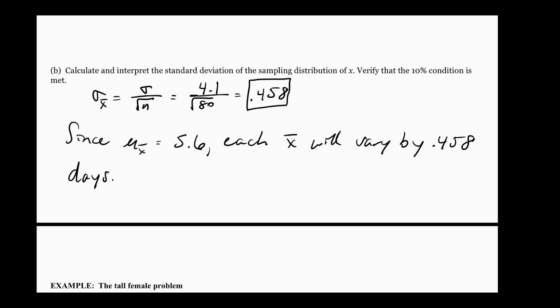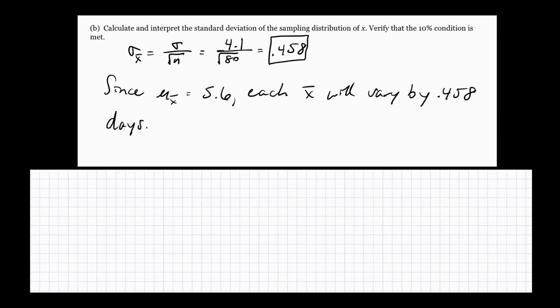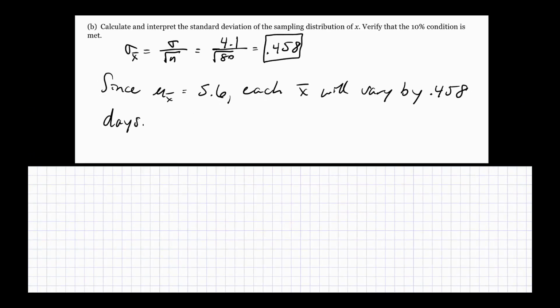And then the last thing I have to do for this question, it wanted me to do 3 things. The last thing I got to do is verify the 10% condition. Okay. So let's see, condition, check. So the 10% condition is step 2.